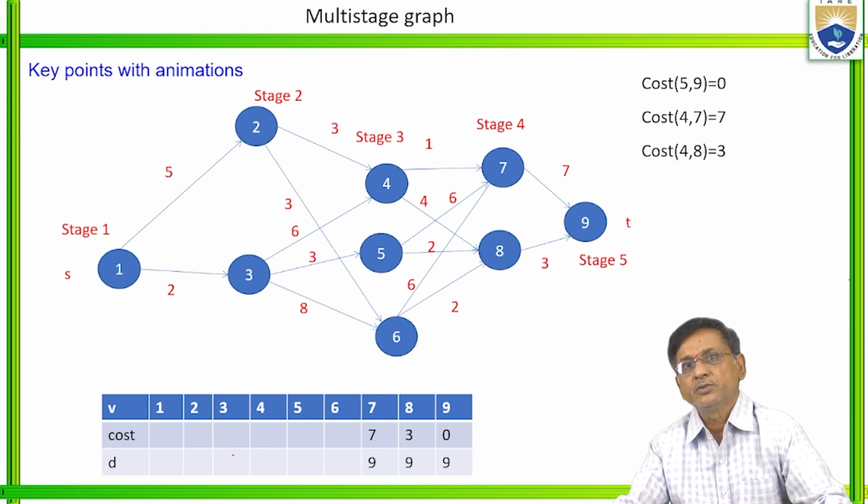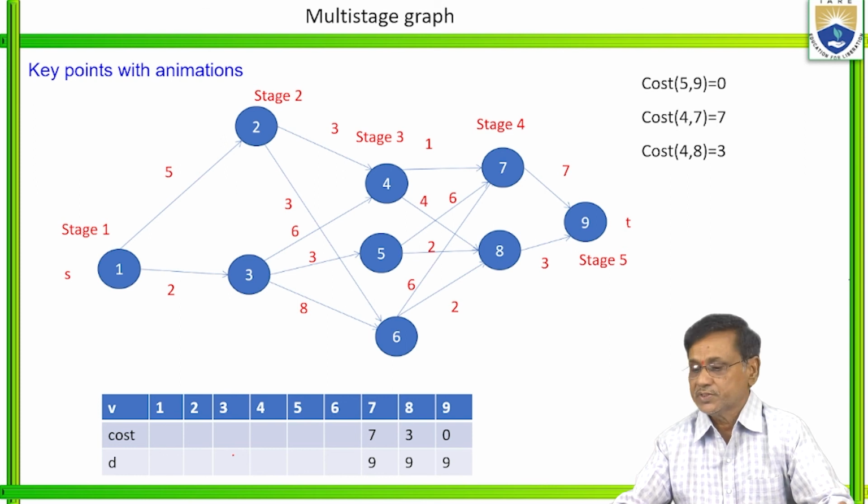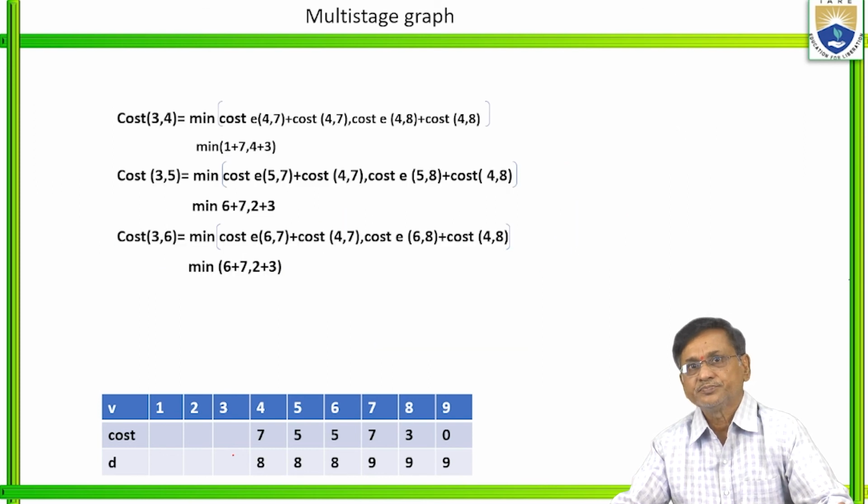So for that we have to find out cost of vertex 1 in the first stage is equal to cost of an edge 1 to 2 plus cost of vertex 2 in the second stage, comma, cost of an edge 1 to 3 plus cost of vertex 3 in the second stage. So in that we have to select the minimum values.